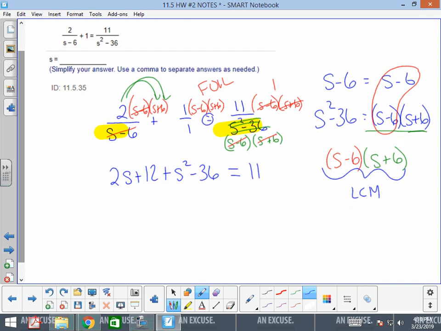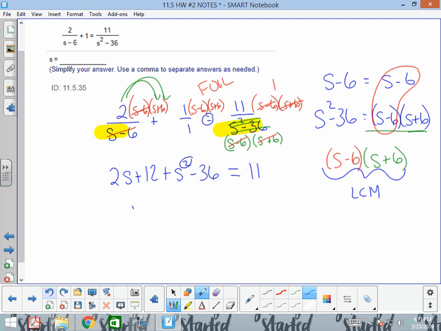Alright, now I do have an exponent that's 2 or more. So that means I need to get this equal to 0. So I'm going to subtract 11. Oops, hold on. Before I do that, let me combine like terms first and write this in standard form. So s squared plus 2s, 12 minus 36 is negative 14, equals 11.